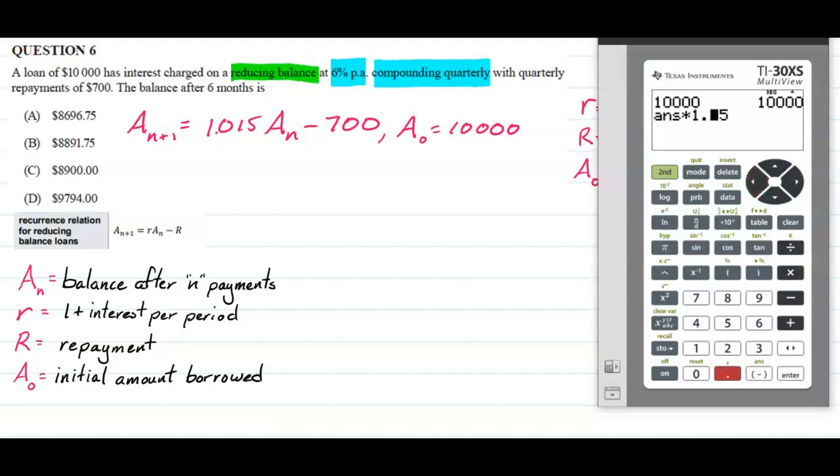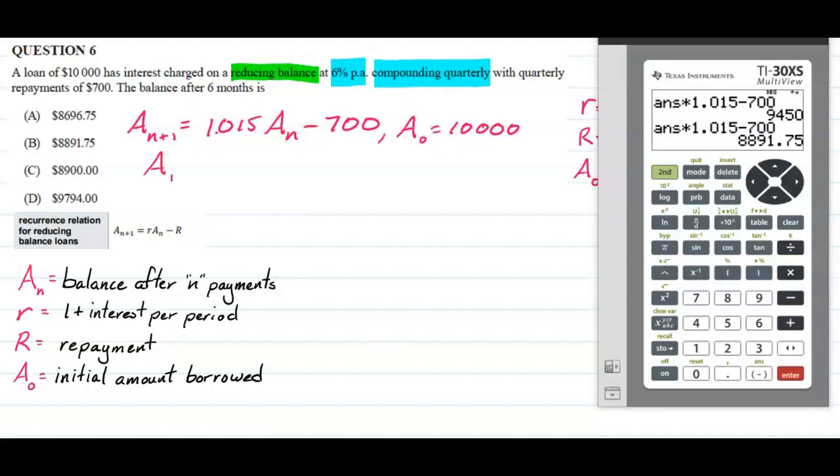And then I need to subtract $700 from it. Now you notice here that it says answer times 1.015 minus 700. That means when I push the enter button, it's going to give me an answer. And then if I push the enter button again, it will find that answer and repeat the same procedure to it.